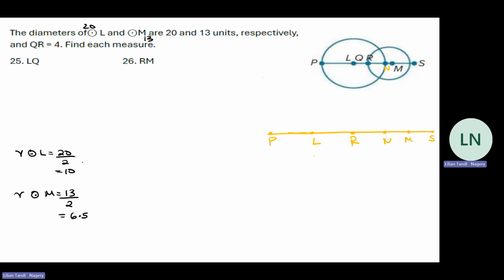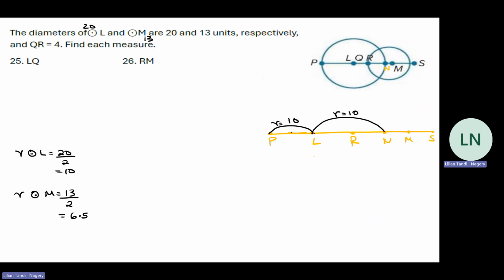Now, radius of circle L is PL. So PL is 10. Who is the other radius? LN. LN is also 10. Do them on the same side. Doesn't matter, but it will be easier for you to see.